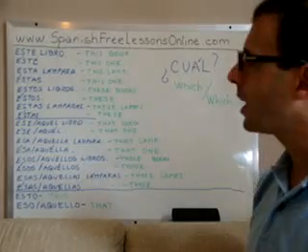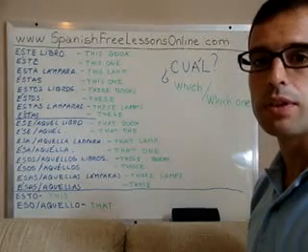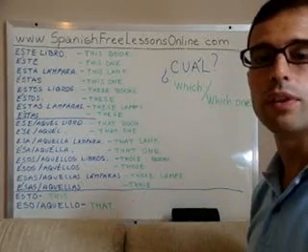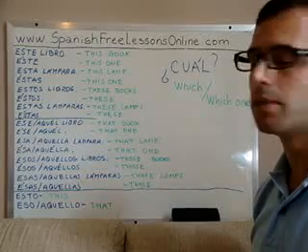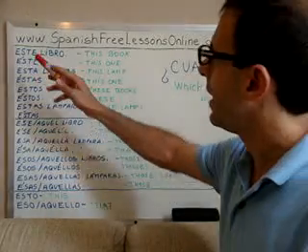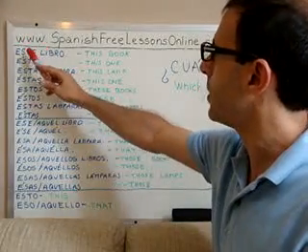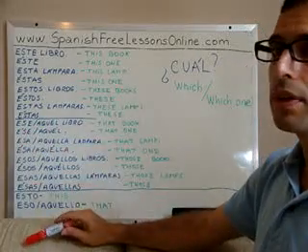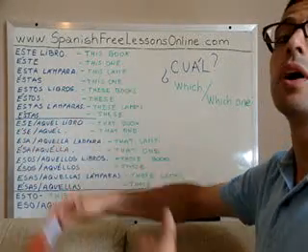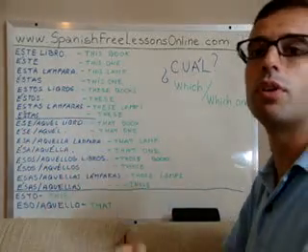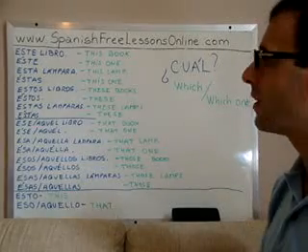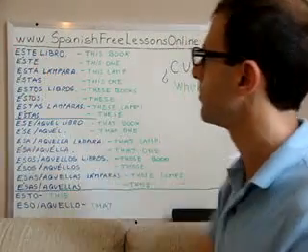So, how can we translate to English the difference between éste with a tilde and este without a tilde? Este without a tilde, from este libro, means this, right? This something, this book, this car, this something. That one does not have a tilde.